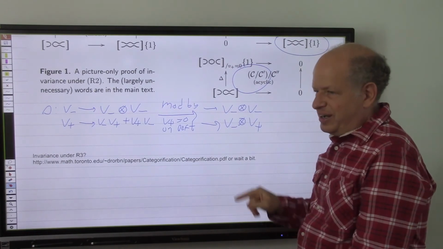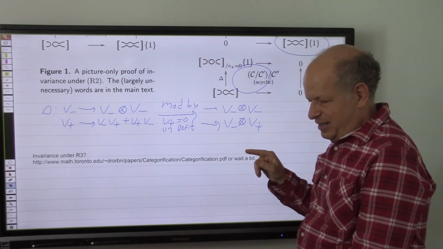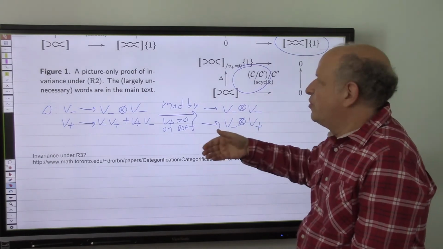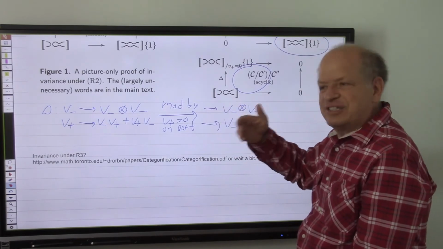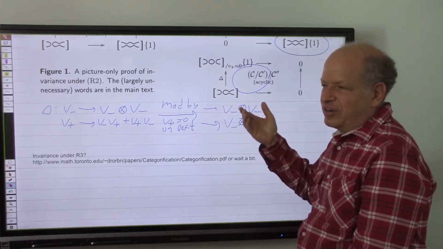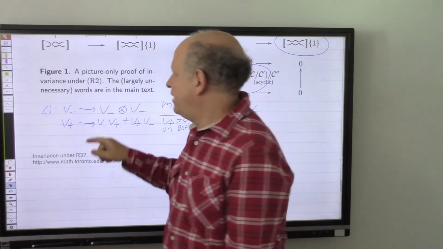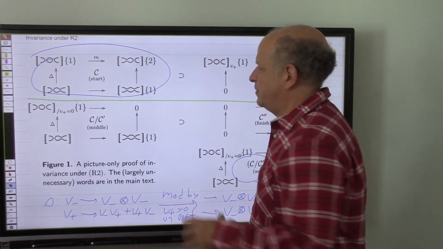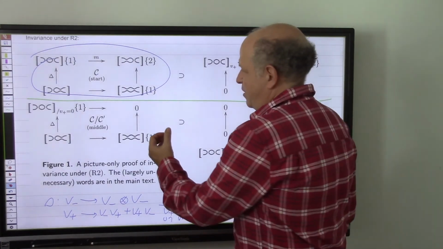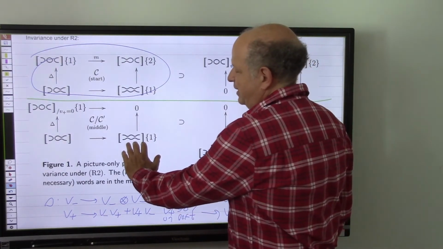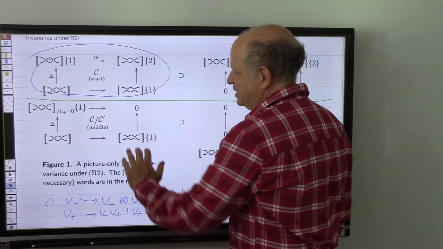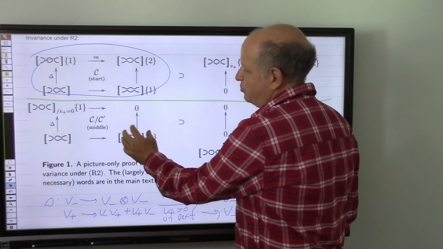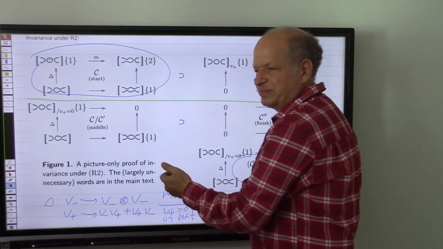It was important to go through this, but I should also say that it's all morally wrong. It's wrong in the sense that the notation here stands for something bigger. This really means some horrible complex which is an n-2 dimensional cube.